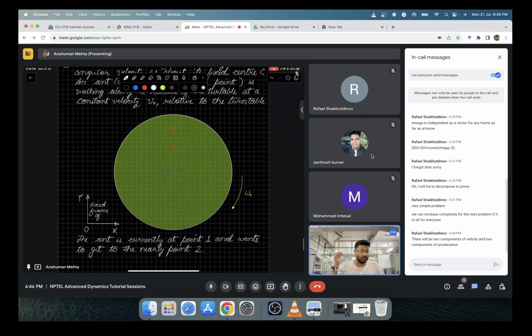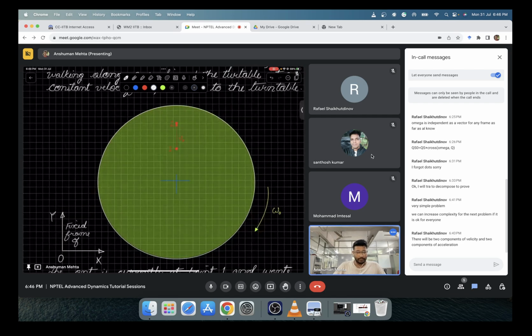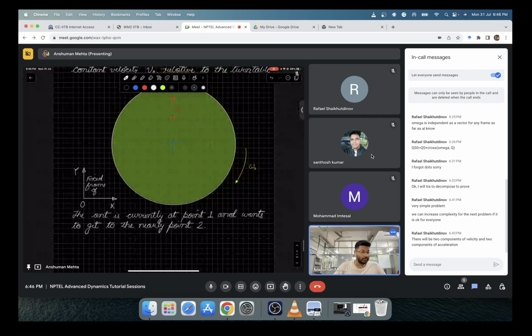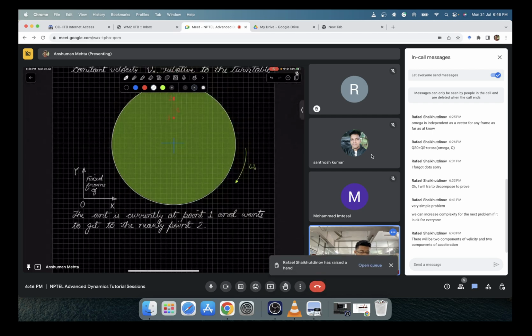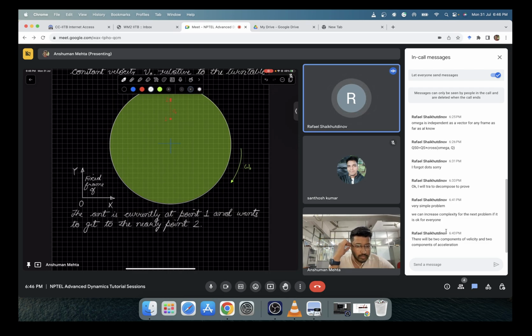Will it be able to reach point 2 if the table is rotating? Yes, yes, Rafael.